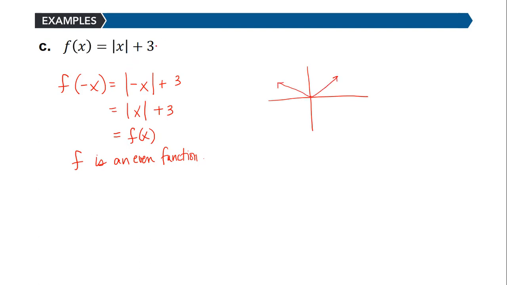If I add 3, that's an outside change, which will shift it up 3 units. And then if I just look at the property of the graph, it is symmetric about the y-axis, and so therefore it is an even function.